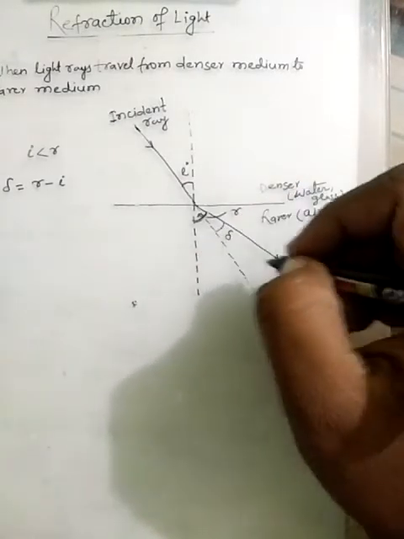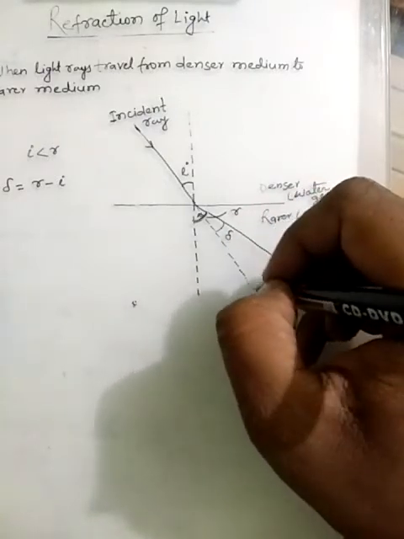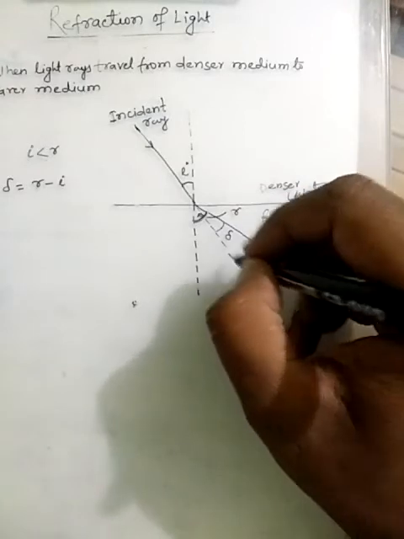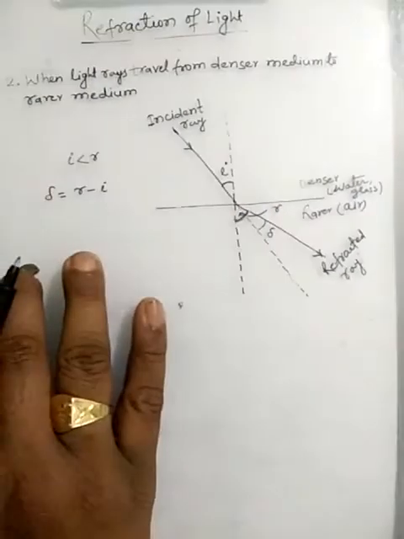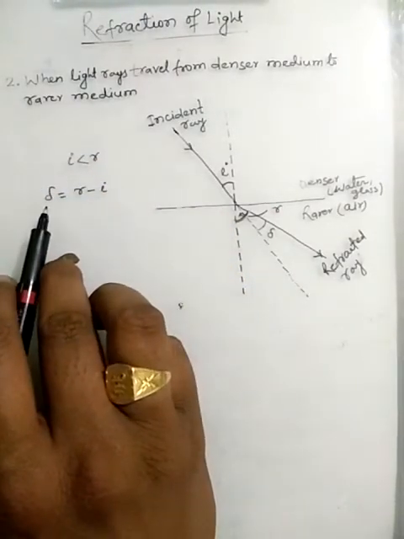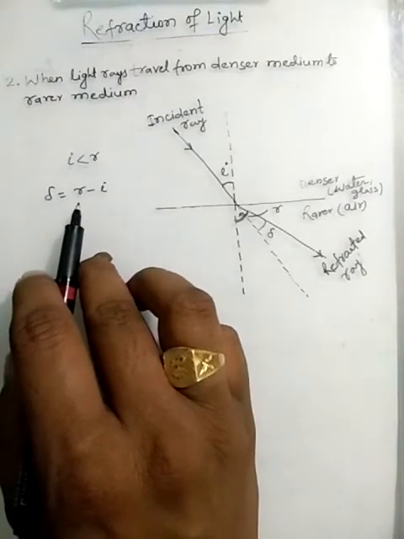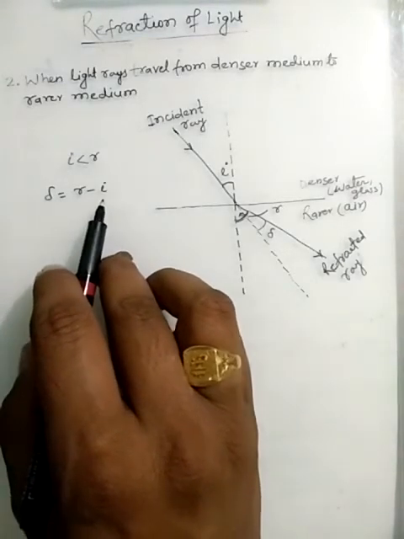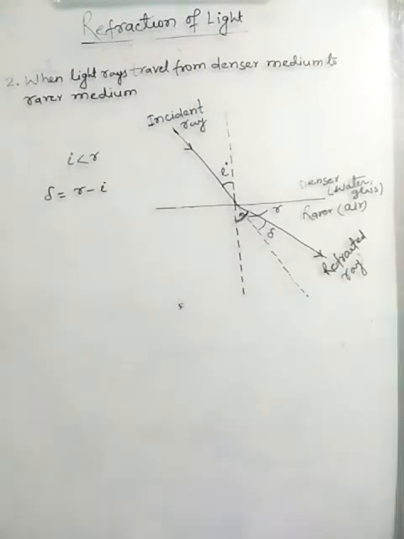Deviation is basically the angle of the refracted ray from the actual path of the light. The deviation is represented here by delta. Deviation will be equal to the refracted angle minus the incidence angle, that is R minus I.